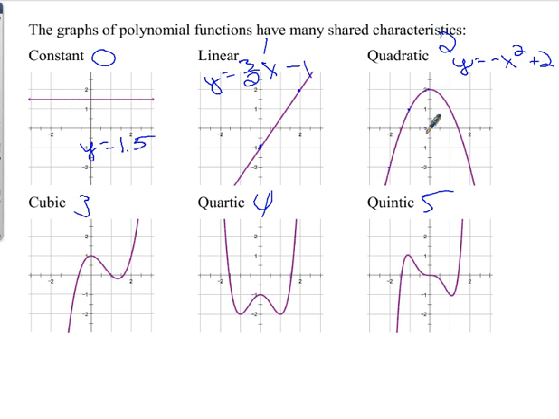How about cubic? How many can we have here? We can have 3. In fact, we do here. Can we have 2? We can have 2. Can we have 1? Can we have 0?